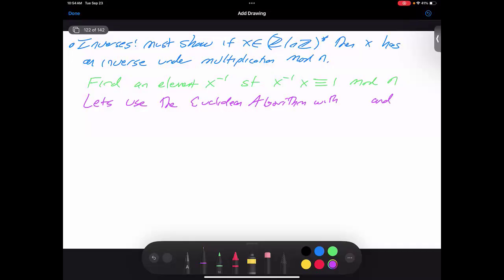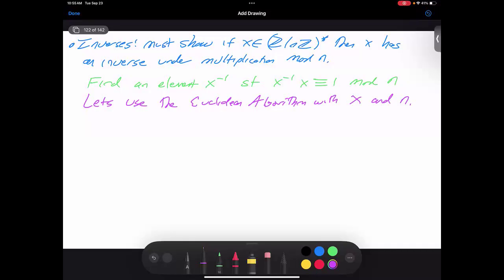What should those two numbers be? But we don't know x inverse. n. That's all that we have. So again, I'm trying to emphasize how you do proofs. What do we have? We have x and n. That's it. So we need to somehow use them.